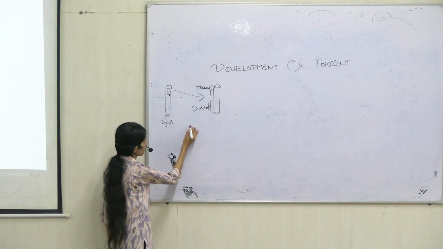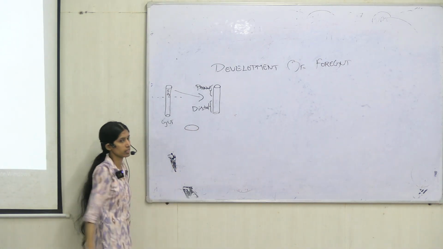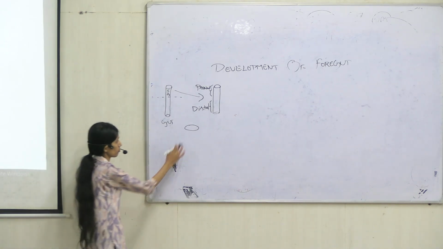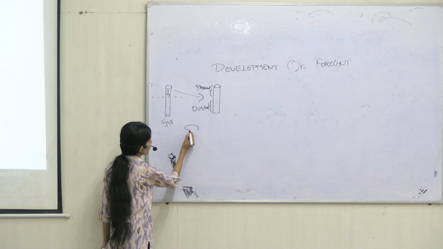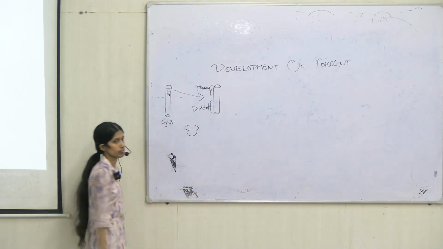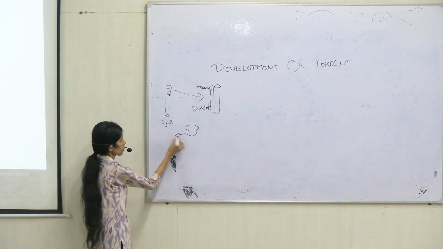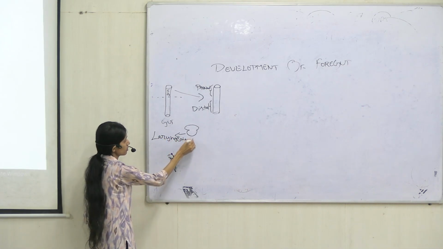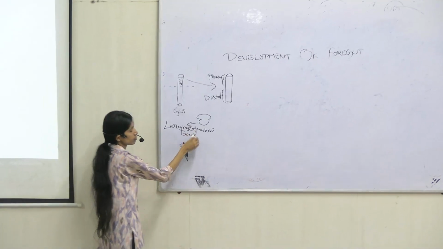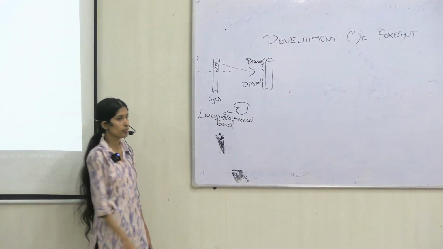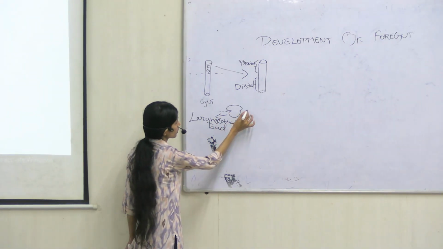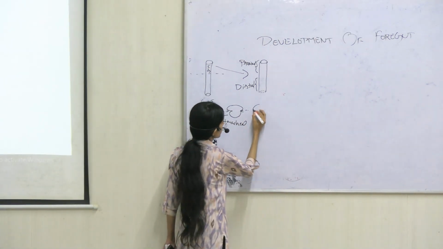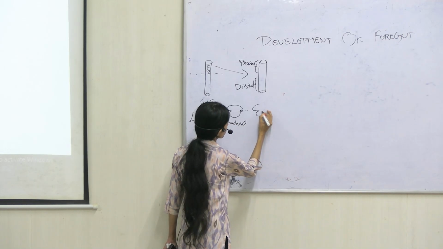If you remember the topic we discussed, I clearly said that at the proximal end of the foregut, we can see the development of a small bud-like structure like this. This bud-like structure is called laryngotracheal bud. Later the bud will start moving in the inward direction and they will meet at the center point like this.